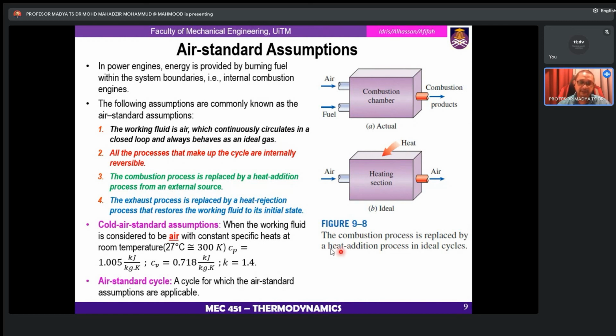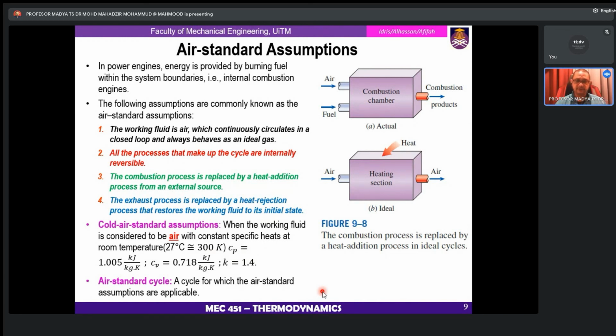If you don't remember this, you can find it in the property tables, the first table, which has Cp, Cv, and k. And another term is air standard cycle. What does it mean? It means the cycle for which the air standard assumptions are applicable.